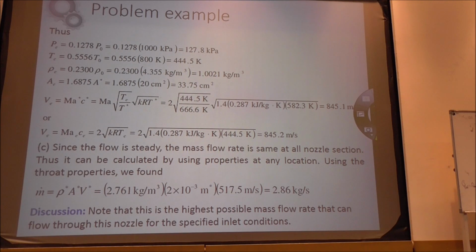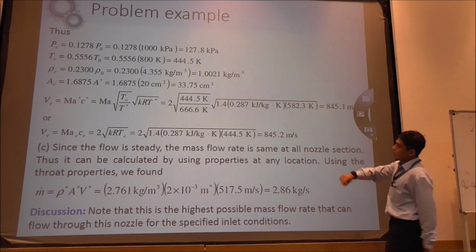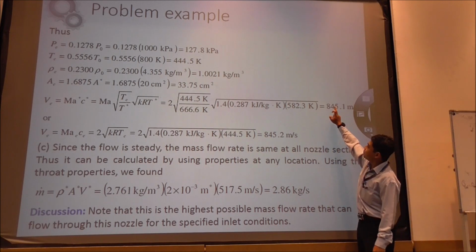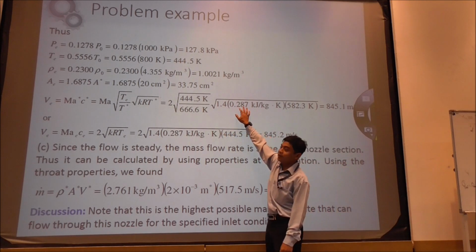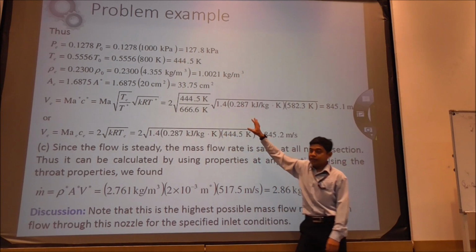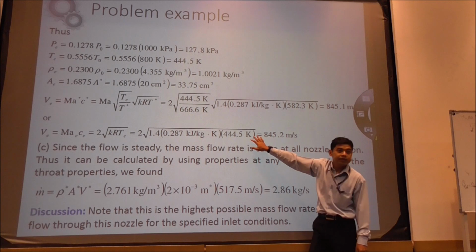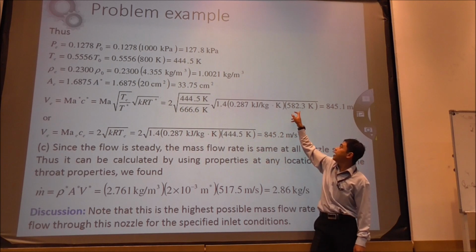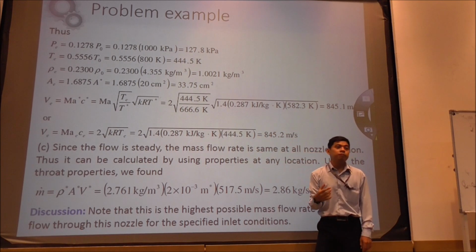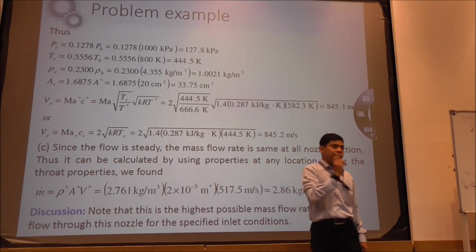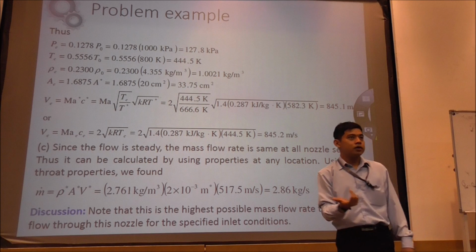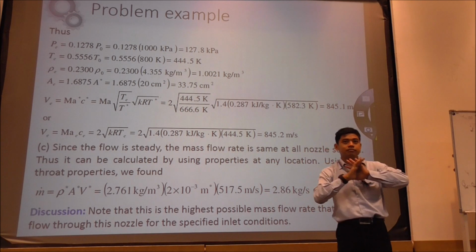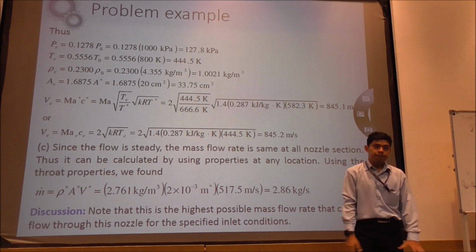And now, an interesting story is if you compare the mass flow rate. Okay, this one is the mass flow rate at the throat, and this one is the mass flow rate at the exit. You can see that both are the same, right? Because the conservation of mass tells you that no mass can be created nor destroyed, so you cannot have a different result.